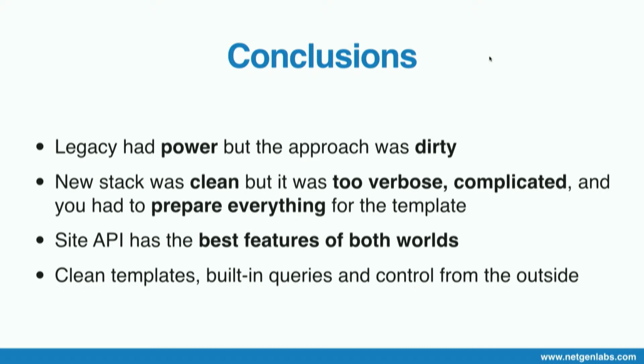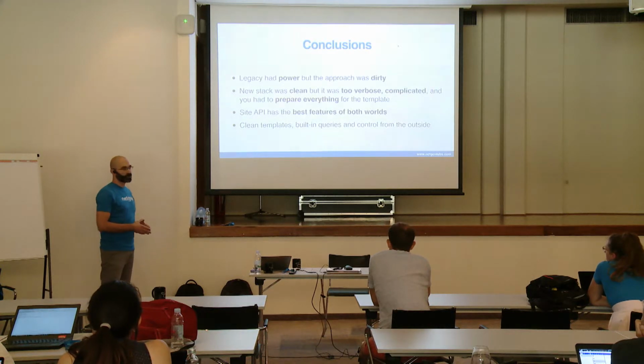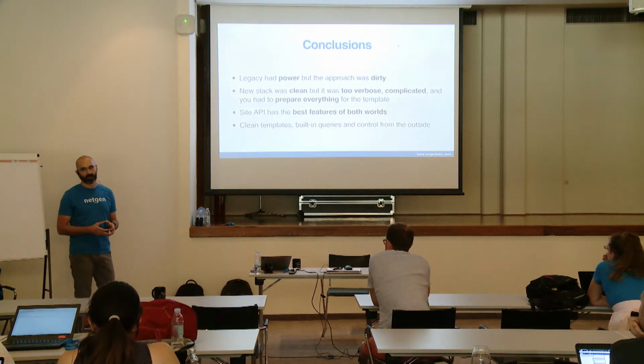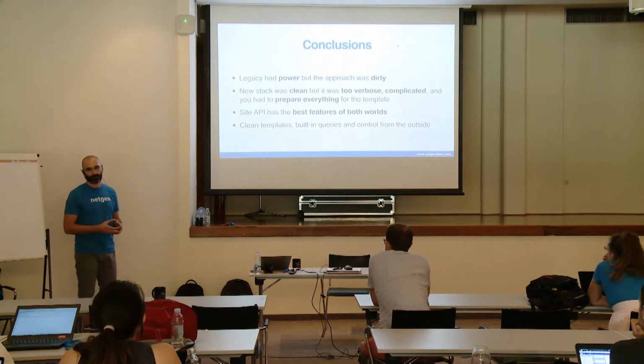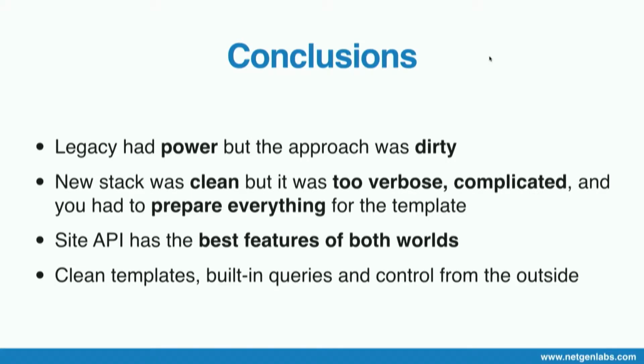You don't want to do everything inside of a template. The new stack was clean, but too verbose because of the general purpose public API. And you also had to know PHP well, object-oriented programming, the API, and how to use it.